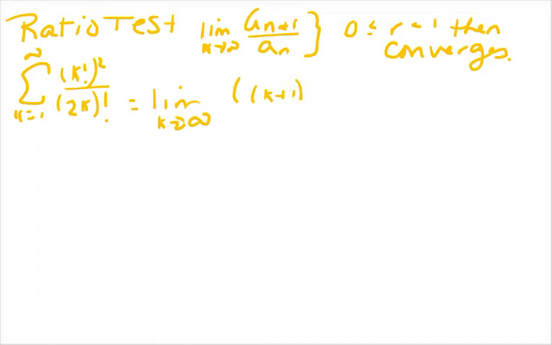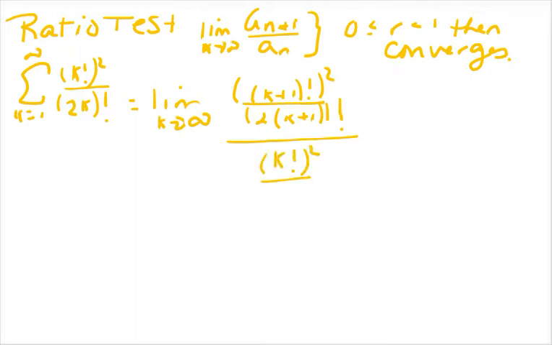So (k plus 1) factorial squared over 2 times (k plus 1) factorial over (k factorial) squared. This is just your a_n term in the series.